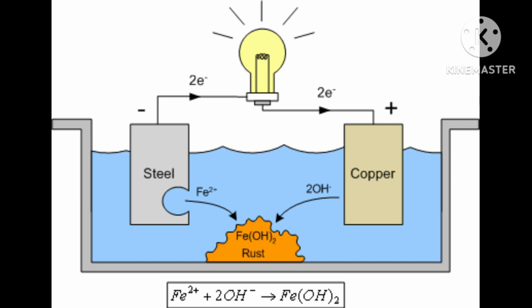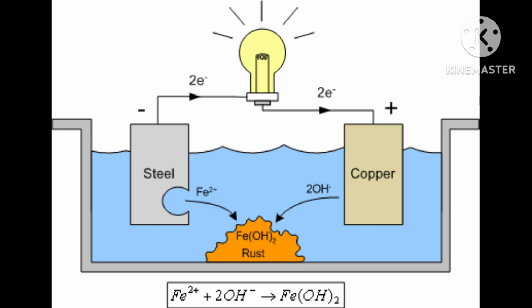Corrosion of iron, commonly known as rusting, occurs in presence of water and air. The chemistry of corrosion is quite complex, but it may be considered essentially as an electrochemical phenomenon.